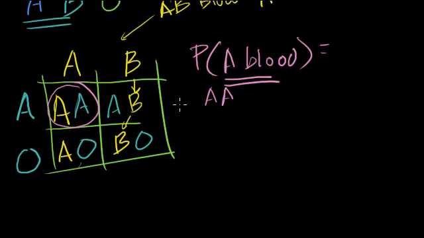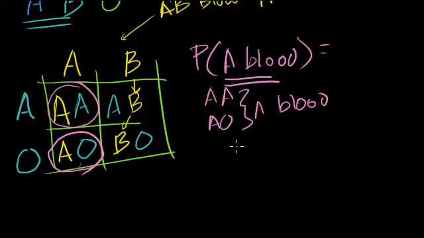But you also have an A blood type phenotype if you have an A and then an O. O is recessive. So AO, these are both A blood. So there's a 50% chance, because 2 of the 4 combinations show us an A blood type.